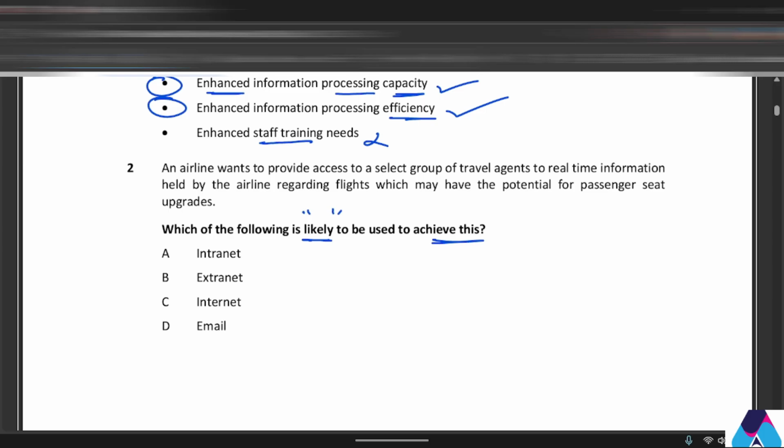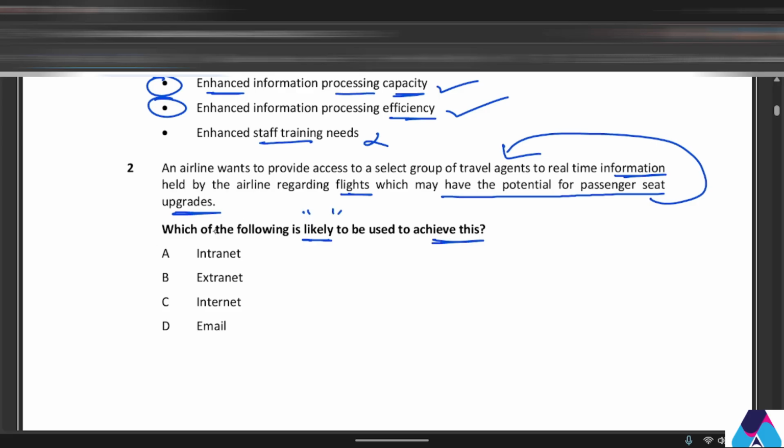They want to provide access to the selected group of travel agents to real-time information held by the airline regarding flights. So basically they have this information about the flights which may have the potential for passenger seat upgrades, right? And they want this particular information to be communicated to the travel agents, right? All right. So now they're saying that which of the following is likely to be used to achieve this.